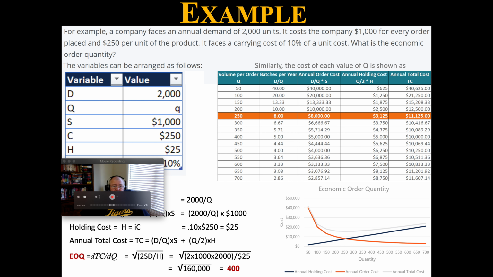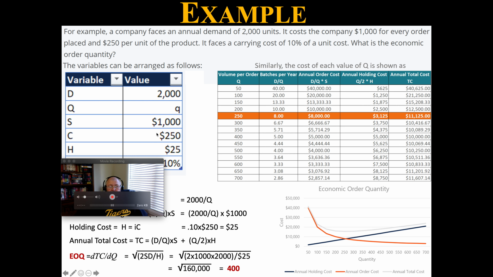Okay, so that's the EOQ. I guess we should see that for various order quantities, one of which happens to be 400, that you would see the smallest annual total cost. And you can see by examining this final column in the table that that's true.